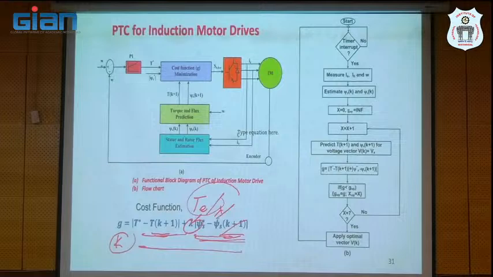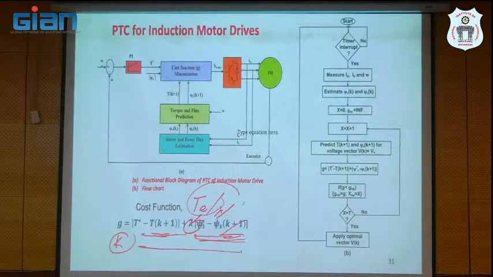By adjusting the lambda value, we can control the priority of the target variables. But in an electric drive, our primary objective is torque. That's why they take lambda very, very less, so that by giving less priority to the flux controller, torque will automatically be controlled more effectively compared to flux control.